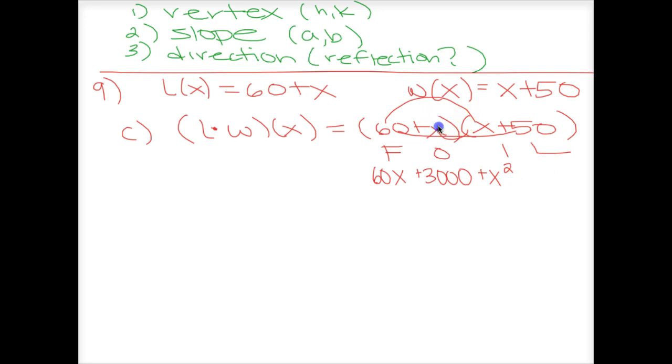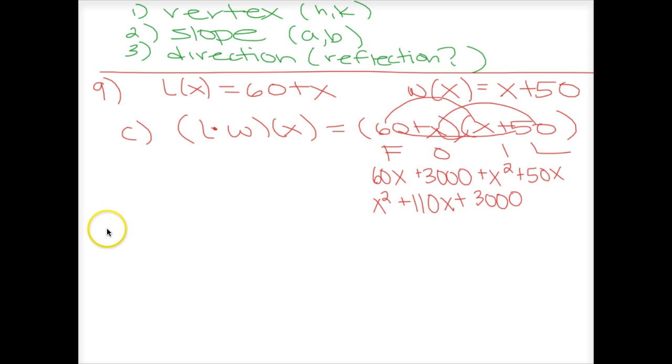And then L for lasts, x times 50, which is 50x. So then combine like terms, put it in order. So x squared plus 110x plus 3,000. So that then is our answer for C. That is an example of function multiplication.